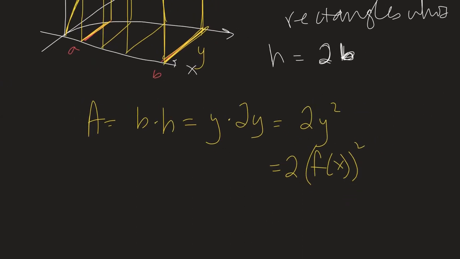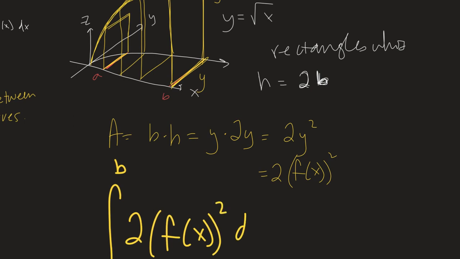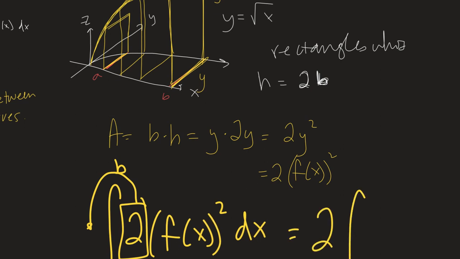So if we're going to find the volume, once again, the volume of our thing goes from A to B of 2 f of x squared dx. Okay, and because of our rules of integrals, we can take your constant and move it to the front. So this is 2 times the integral from A to B of your function squared.